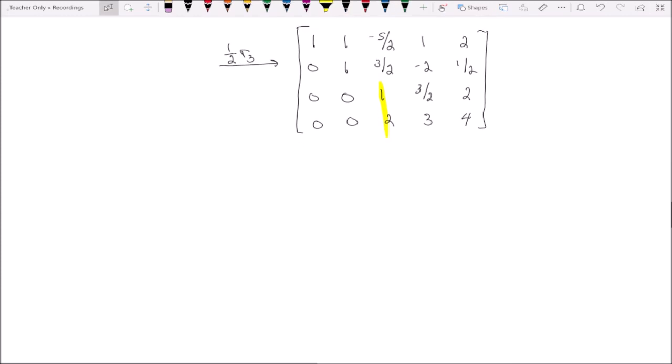How can we get rid of that 2? Well, we can do -2 row 3 plus row 4.